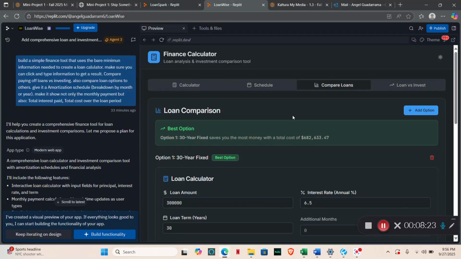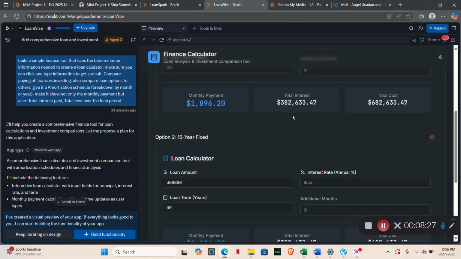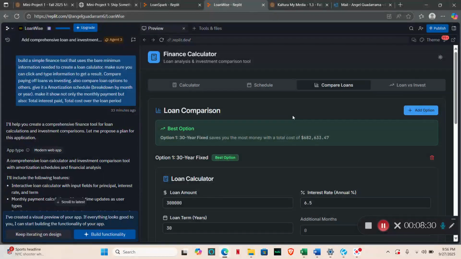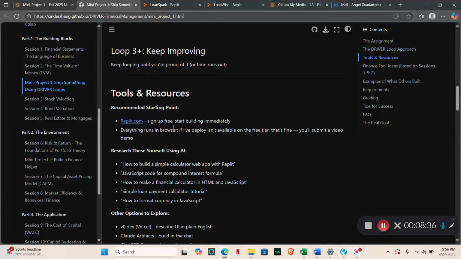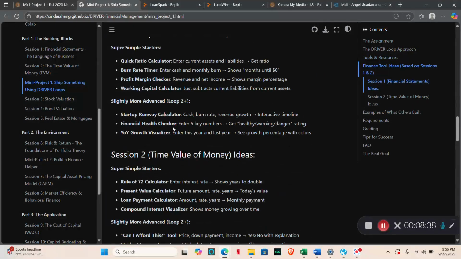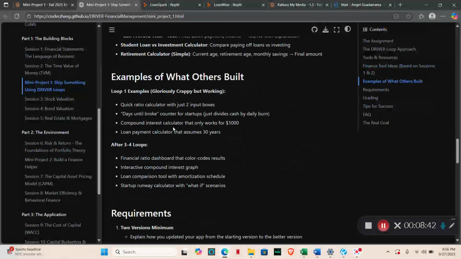Just by adding this extra step, you're able to compare one loan to another, and we're able to compare loan versus investment. So it was pretty useful, the second time around.